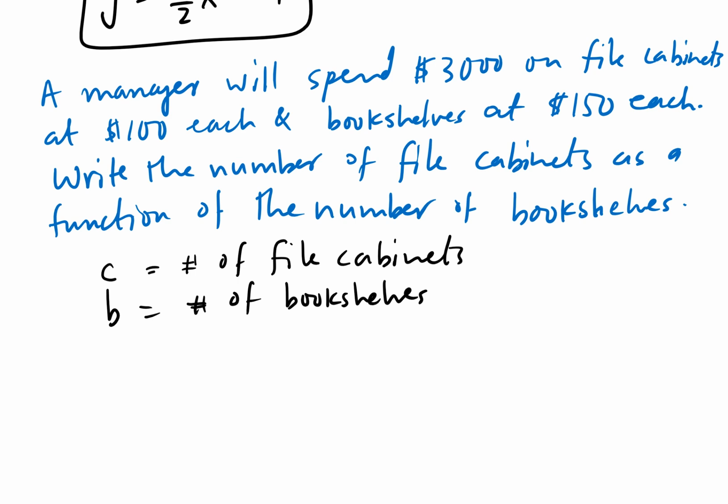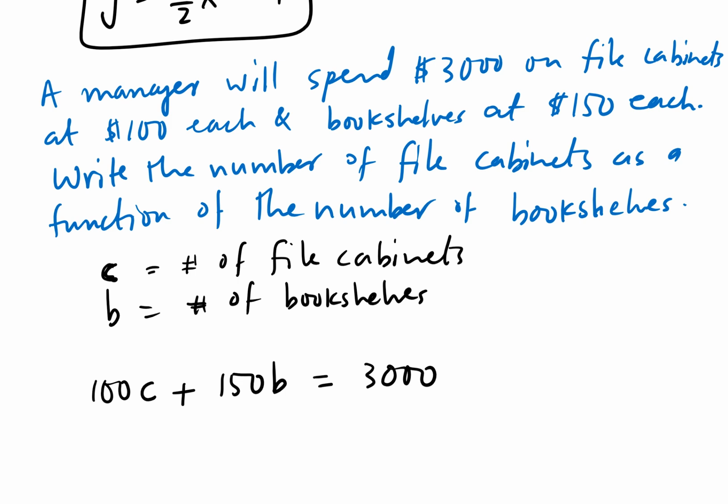They said $100 on each file cabinet. Depending on how many file cabinets you buy, C is the number of them. So 100 times C. If you buy 2, it would be 2 times 100. If you buy 3, 3 times 100, and so on. And then for bookshelves, it's 150 each. So 150 times B. That will cost him in total $3,000. He's going to spend $3,000.